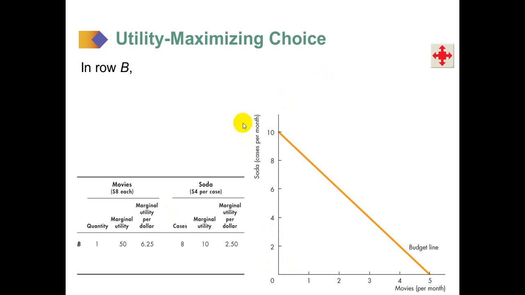Utility maximizing choices. In row B, quantity 1, marginal utility 50, marginal utility per dollar 6.25.